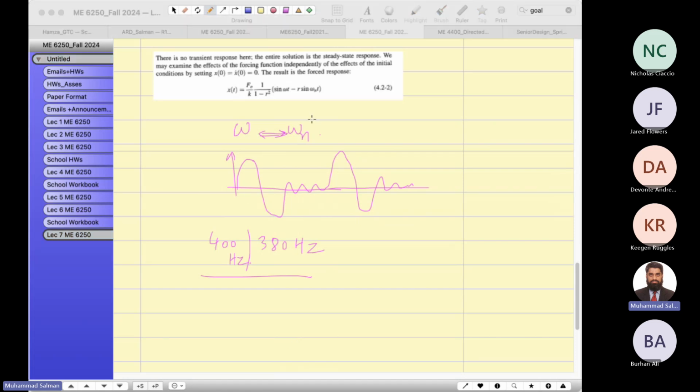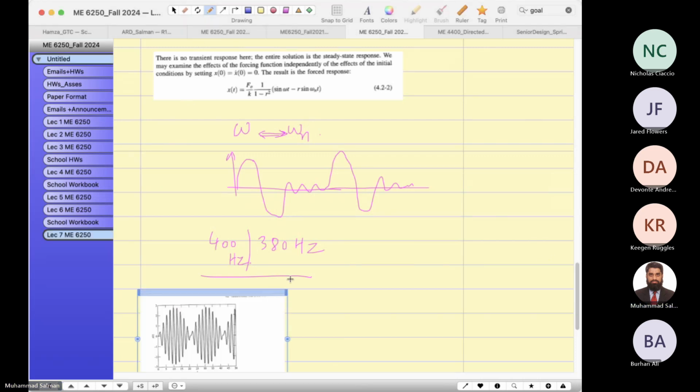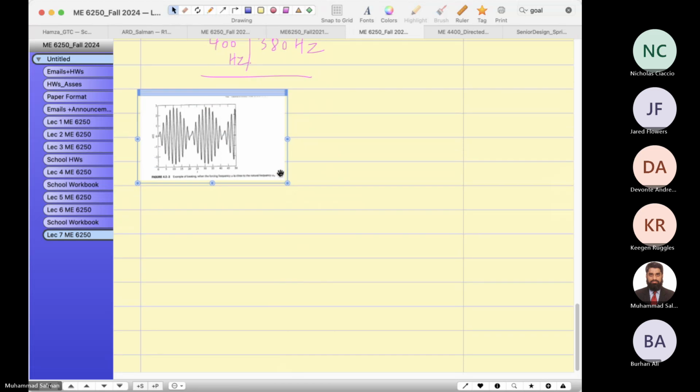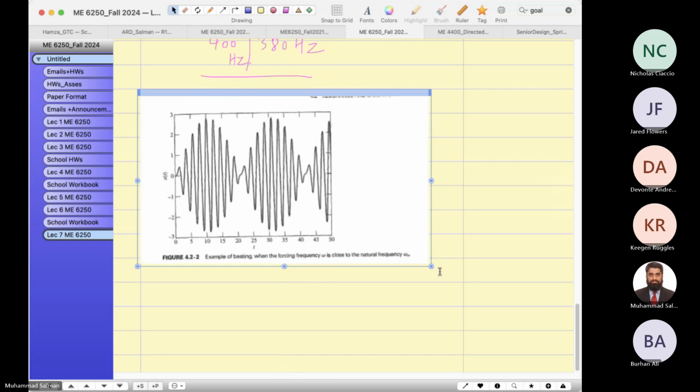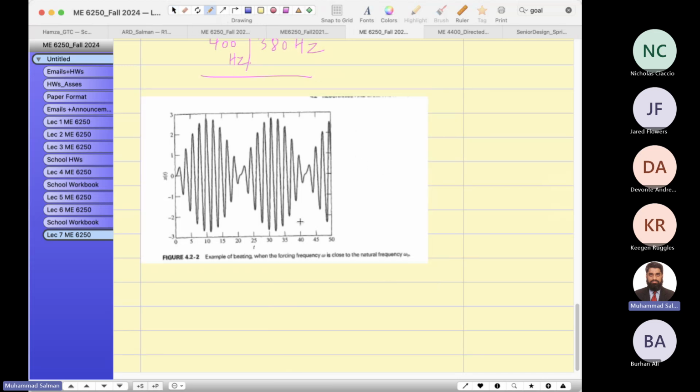So let me show you this graph here. This is an example of beating when the forcing frequency is very close to the natural frequency. You see the period of the beating frequency.